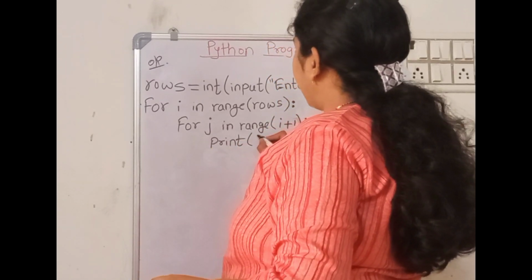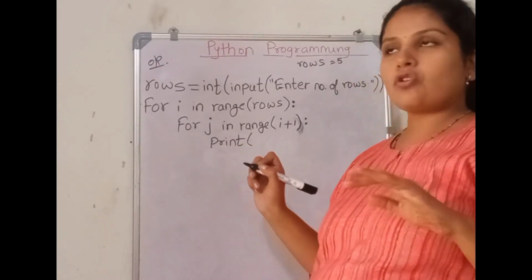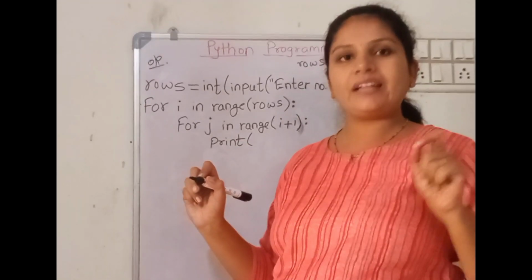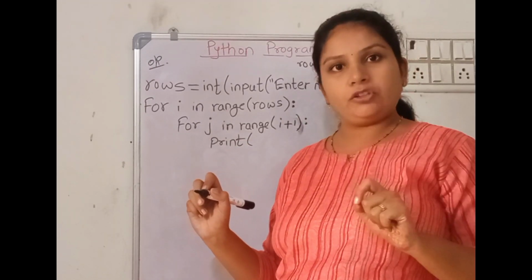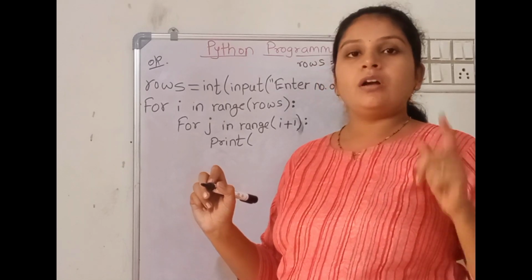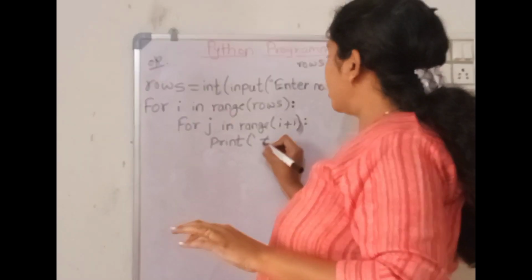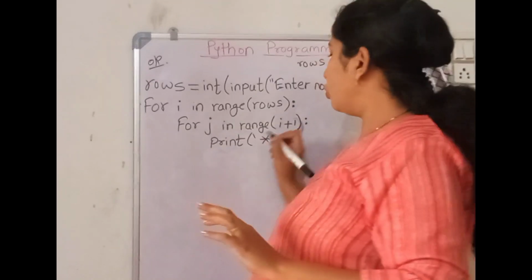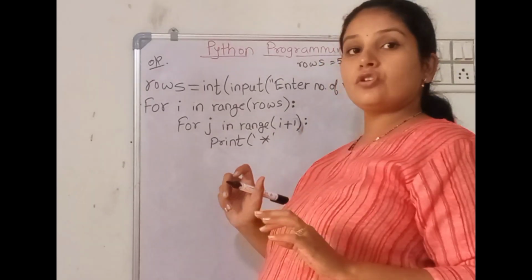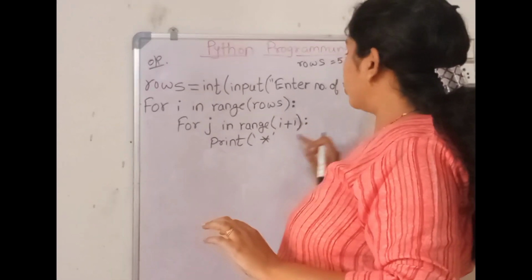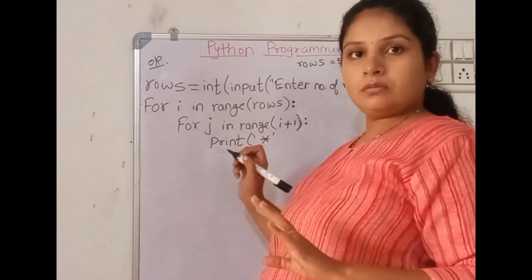You are printing asterisk. Asterisk or any symbol is a special character in Python. It's a string. Whenever you are writing down the string as it is, you should enclose this with single or double quote. So since asterisk is a special character, I am enclosing this in quotes.